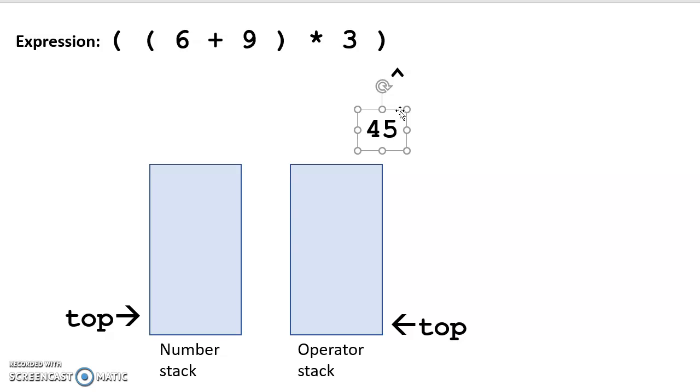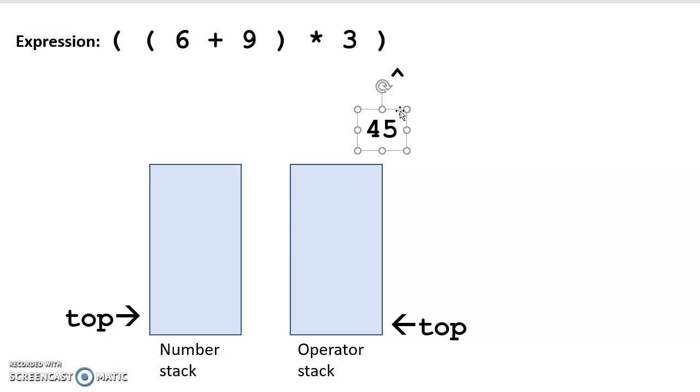I had a number stack and an operator stack. Numbers got pushed to the number stack. Operators got pushed to the operator stack. But when we got to close parentheses, we did stuff, which was, we peeked at the operator stack to see what's there.